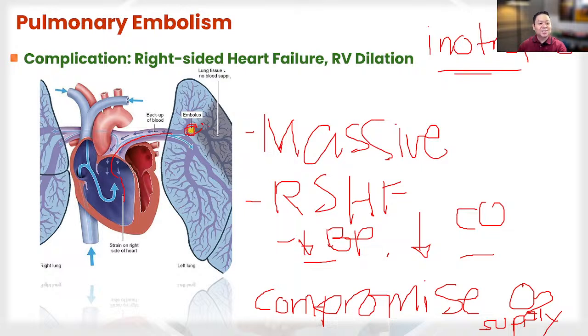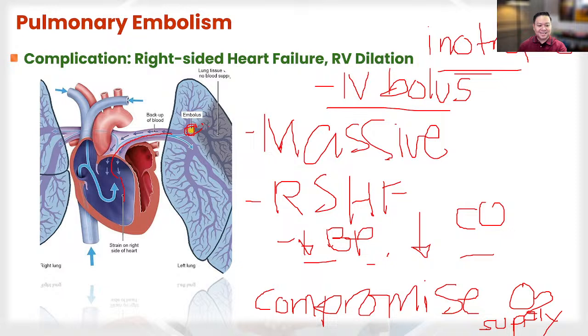So guys, we are not going to expect the administration of IV bolus. Why do you think that we're not going to expect the IV bolus when there is a low blood pressure in this scenario? I want you to think about why the IV bolus is not indicated in this scenario.